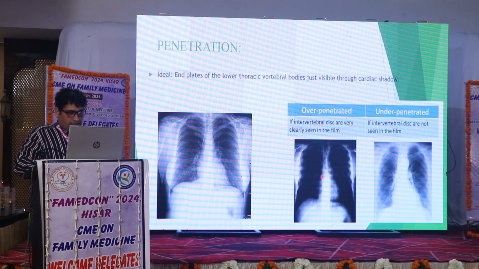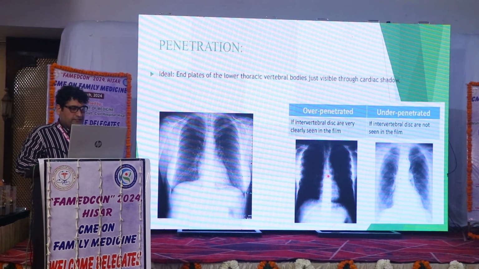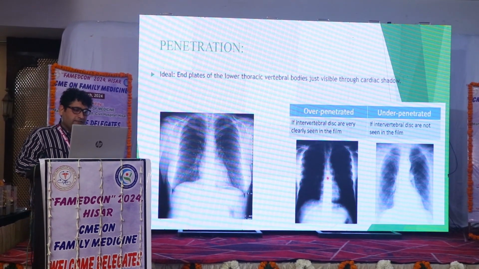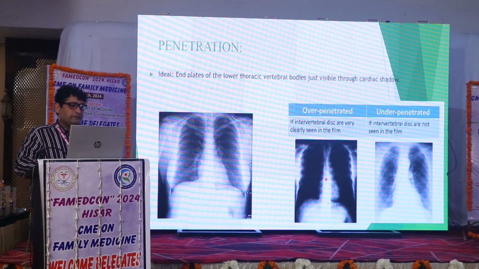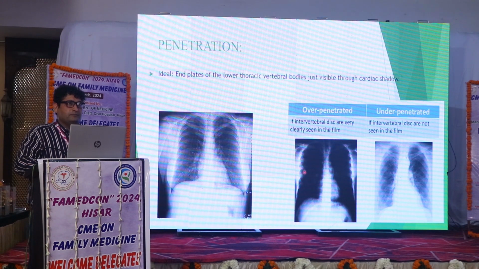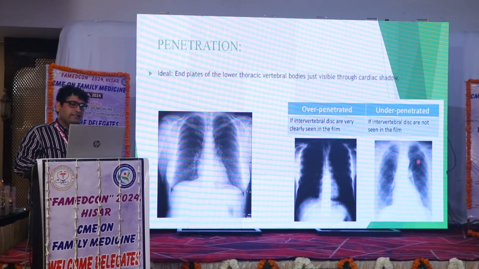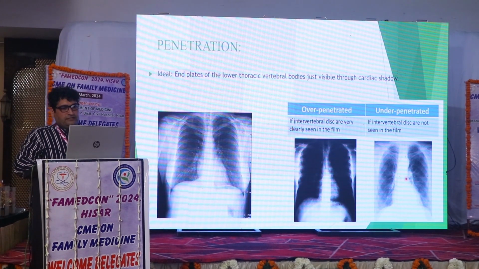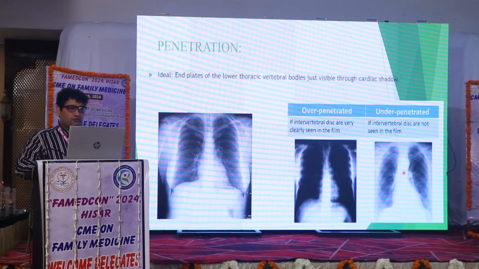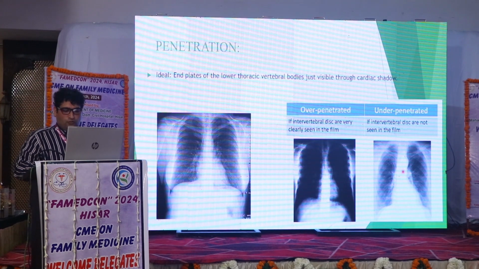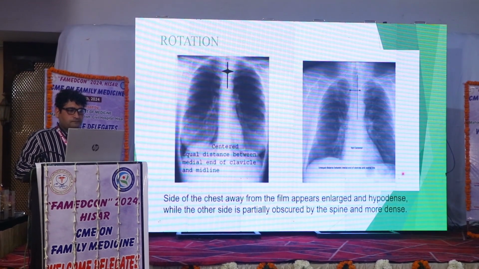There is this radiolucent line, which represents the intervertebral disc. So if you are able to see these intervertebral discs, it means over penetration, and definitely lung pathology will be missed. In case of under penetration, even the vertebral bodies are not seen in this X-ray, so this X-ray is also not adequate and will definitely miss pathology.